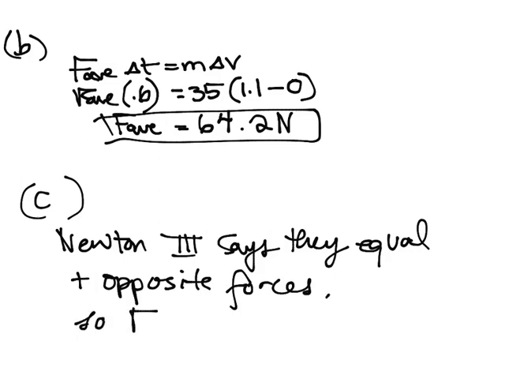So F average exerted on the mother will be equal, so 64.2 newtons, but in the opposite direction, so I have put a negative sign right here.